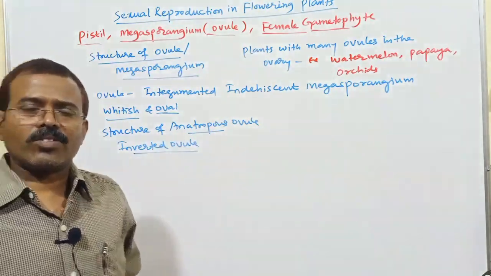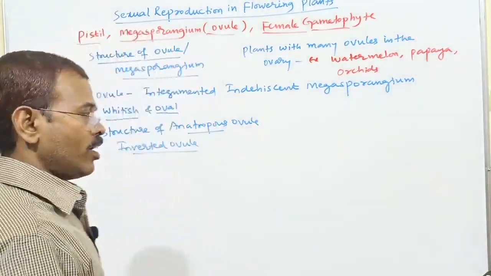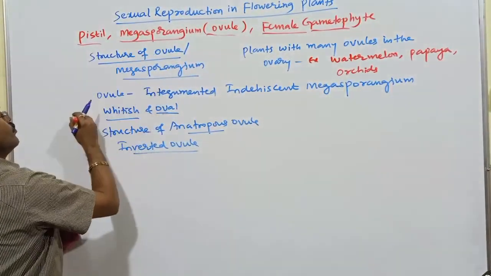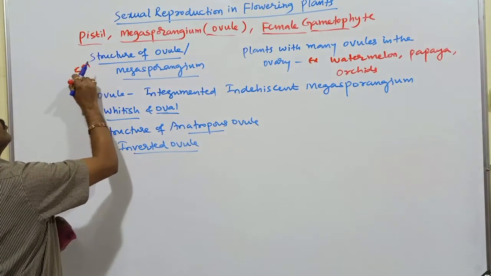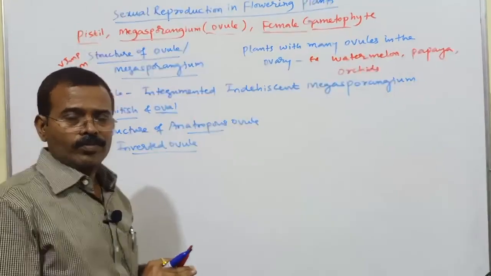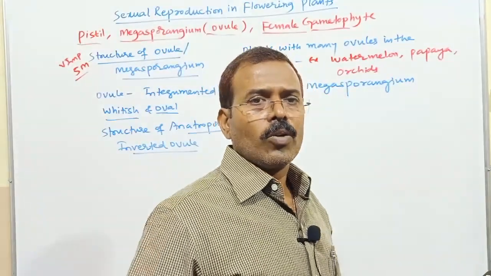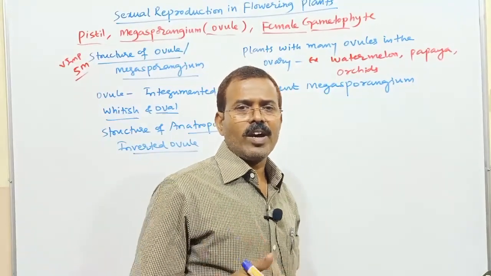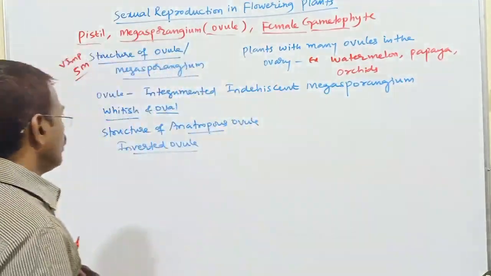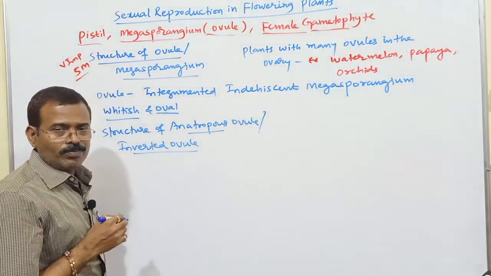You have to learn the structure of the anatropous ovule or inverted ovule. Very important this. For 5 marks, explain the structure of the ovule or anatropous ovule. The question will be asked in the theory exam. Very important this. So anatropous ovule or inverted ovule, one and the same.